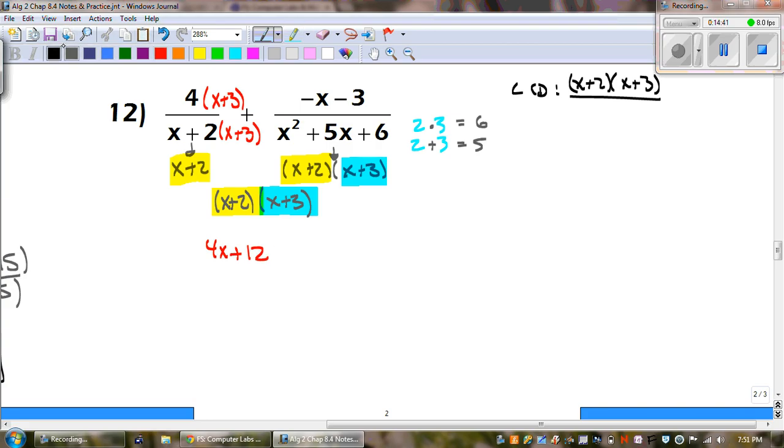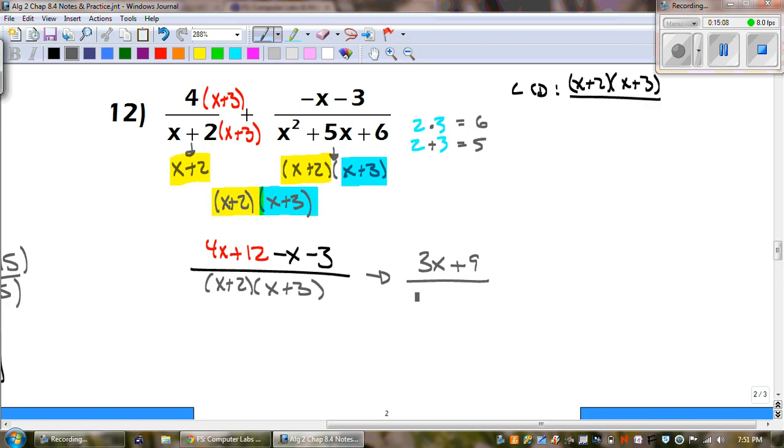And now I'm just going to combine the negative x minus 3, and that's all over x plus 2, x plus 3. We want that factored on the bottom. Okay? So what does that change to? Well, after you combine like terms, 4x minus x is 3x. 12 minus 3 is a positive 9 over x plus 2, x plus 3.